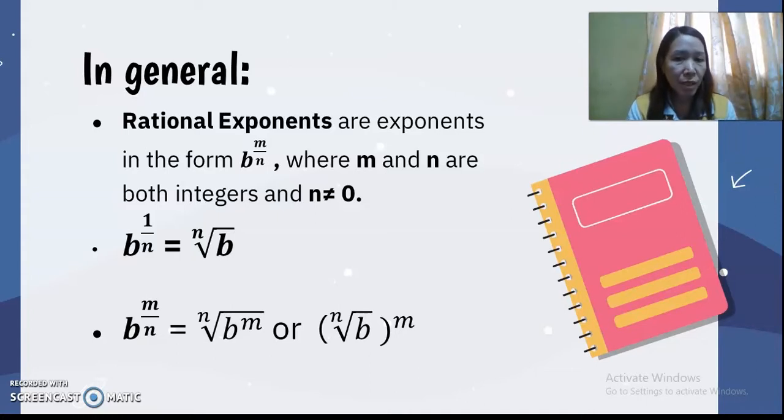We have also discussed that b raised to 1 over n, let's say b raised to 1/2, you can rewrite in radical form as the nth root of b. And the last example, we have b raised to m over n, let's say 2/3. You can rewrite this as either the nth root of b raised to m, or the nth root of b, quantity raised to m.